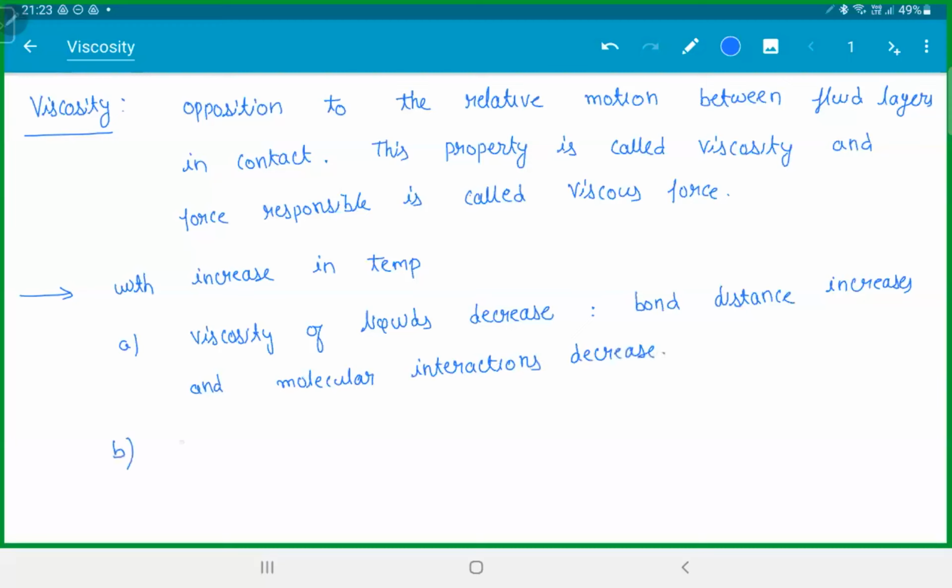But for gases, the story is different. Viscosity of gases increases, because for gases, molecules are already very far. So they start going faster and faster and collide more and more. The molecular collisions increase, leading to more viscosity.